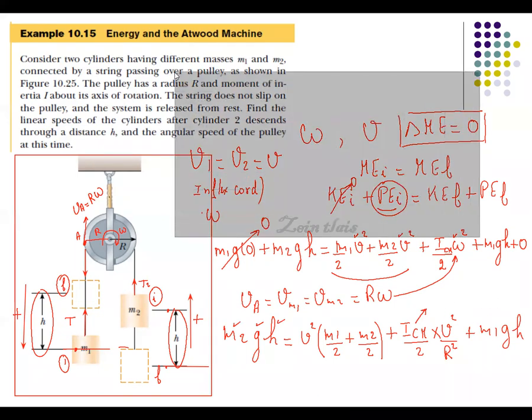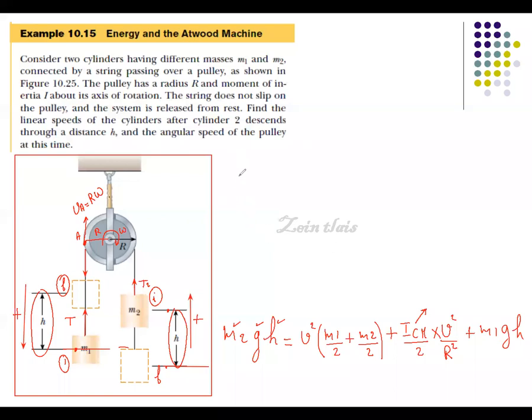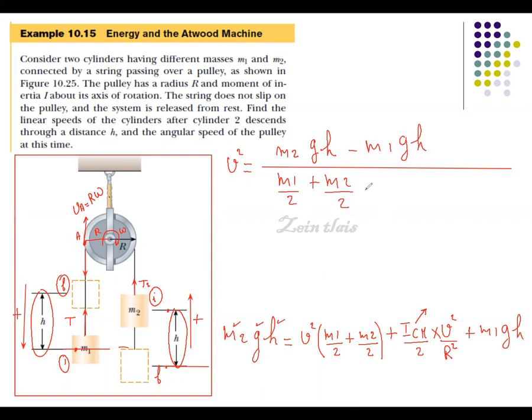Let me clean. We can write finally V square equals M2 G H minus M1 G H divided by M1 over 2 plus M2 over 2 plus ICM over 2, divided by R square.